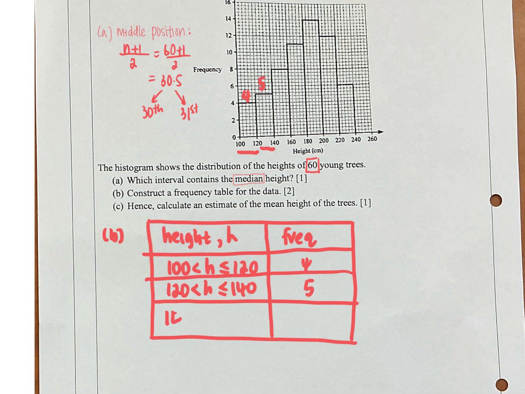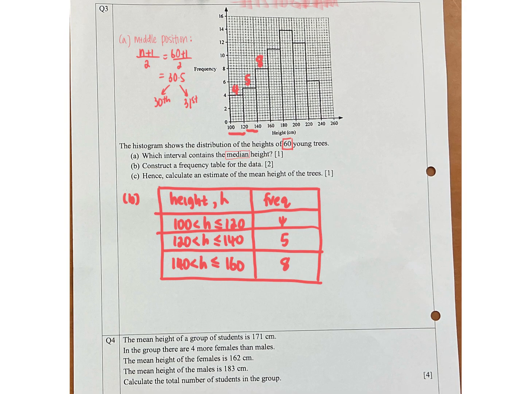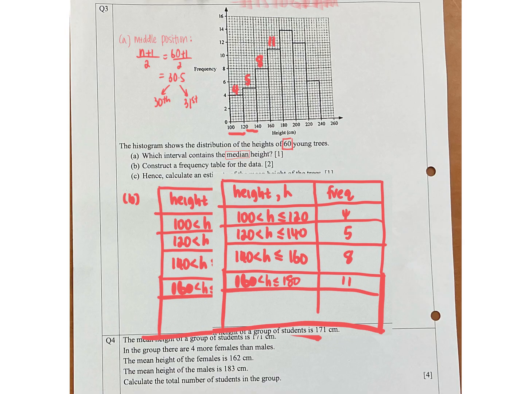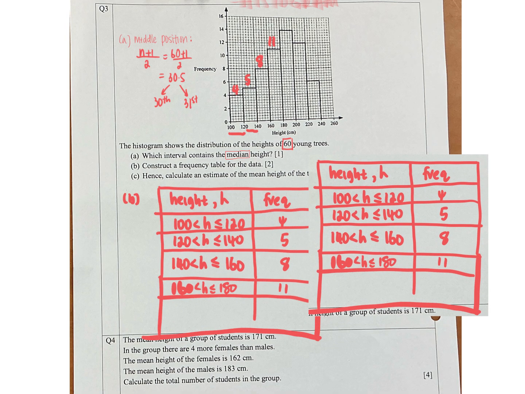Okay, then we go on to the next one. There's 8. So this is your frequency table. Okay, I need to write smaller. Now my pen is too thick. 11. Then okay, wait, I got to string this, no space.